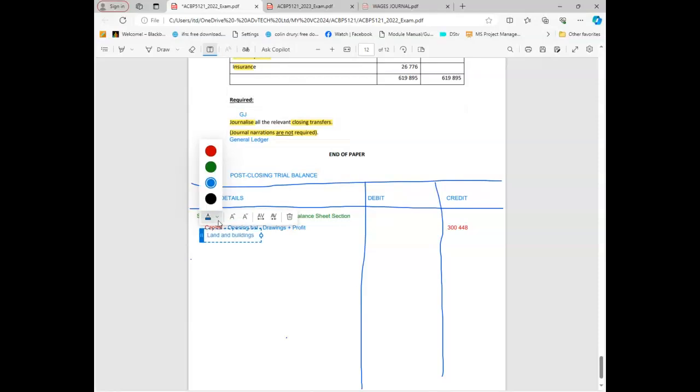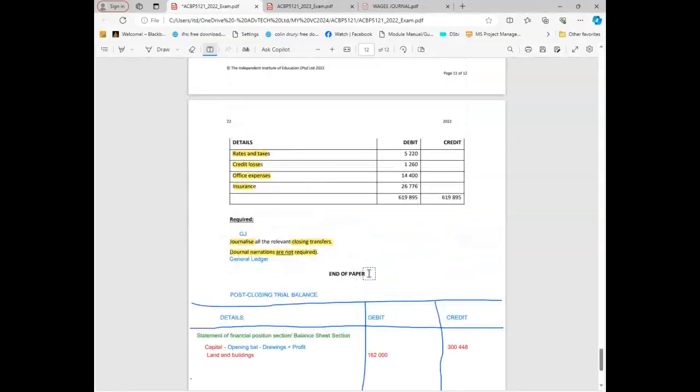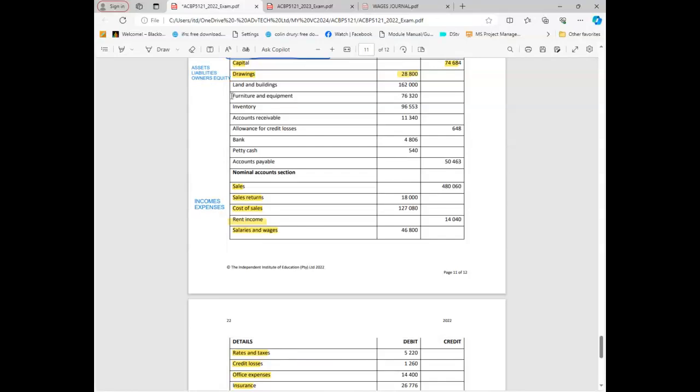It's 162,000. Can you see that? This is the land and building. These ones you don't have to calculate, I just have to copy and paste. And the next one, obviously, is the furniture here. Can you see this one that I highlighted?